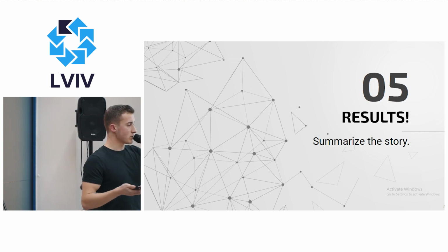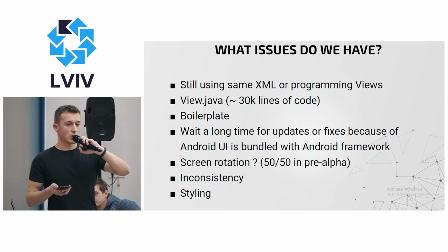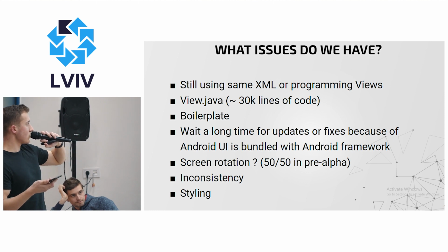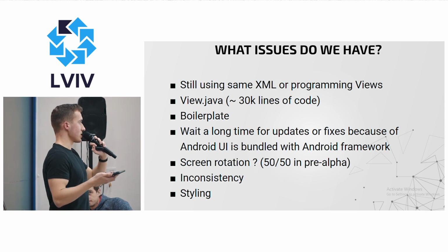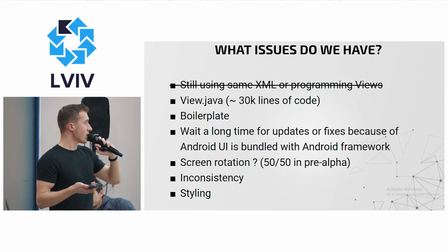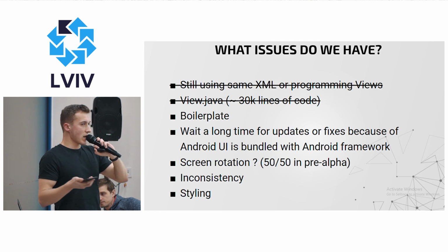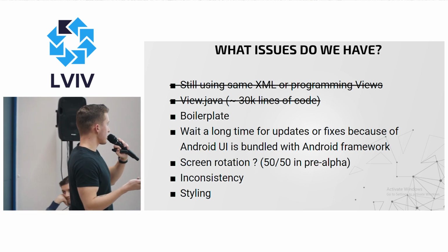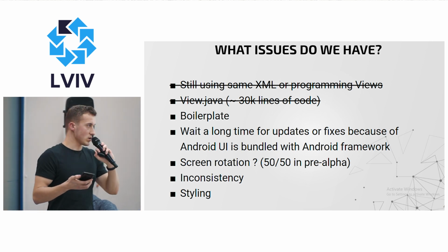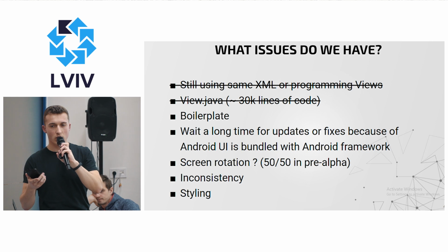So let's summarize everything. What issues do we have? We don't actually use XML anymore, so we can do like this. And we don't have View.java anymore. And we actually write less code, because first we don't have to synchronize our state and our local state.